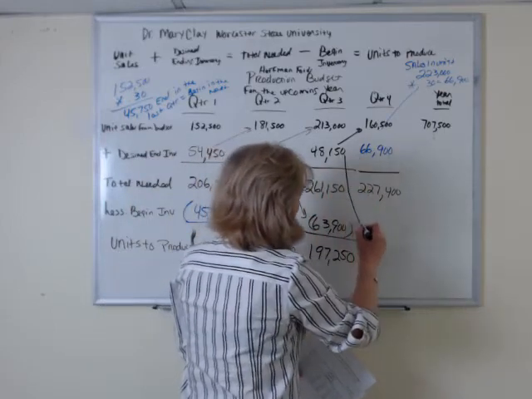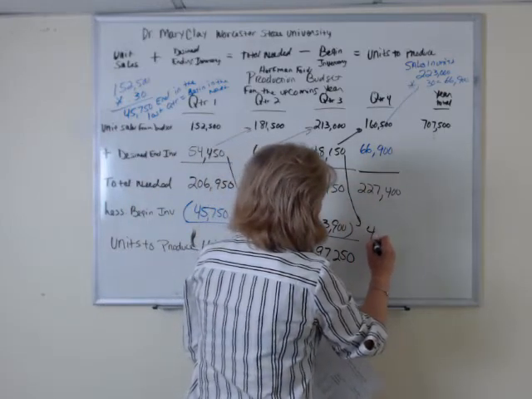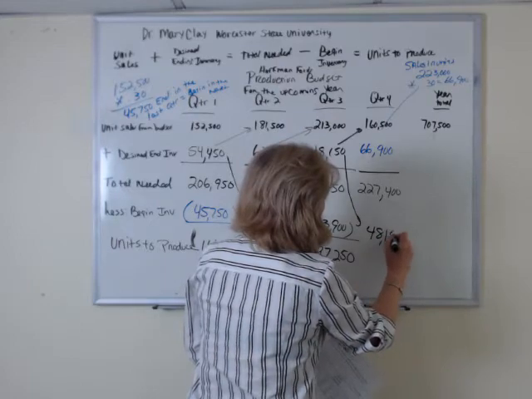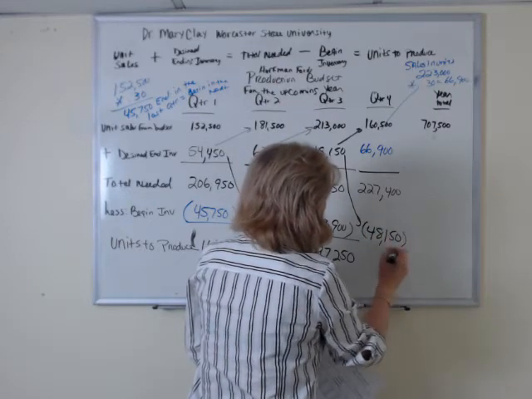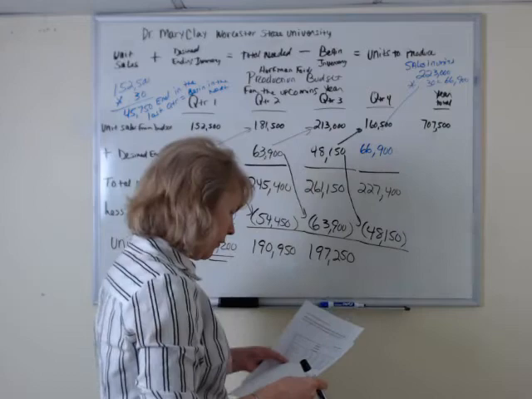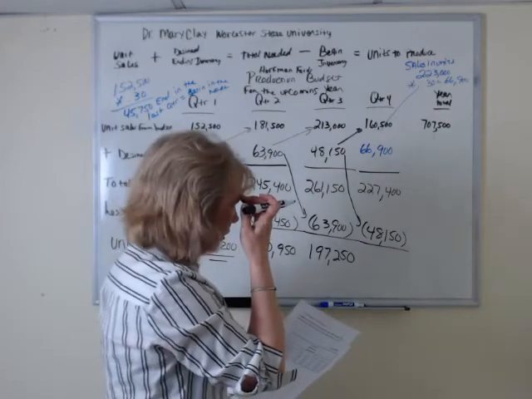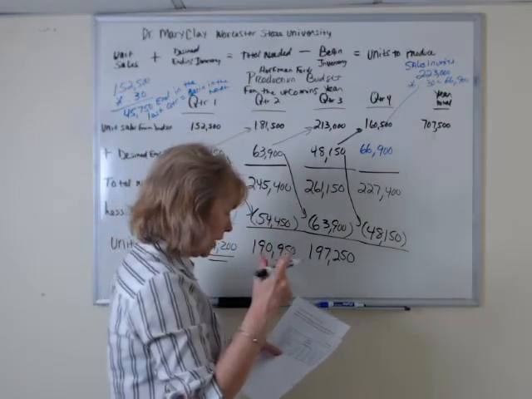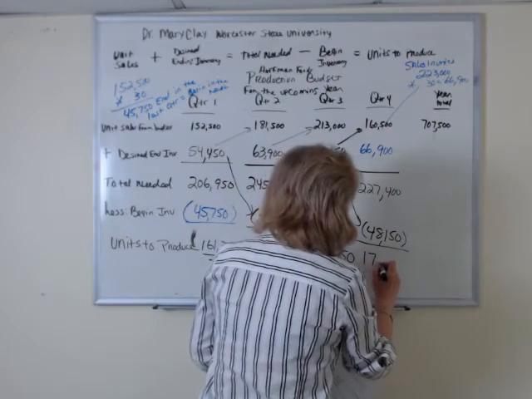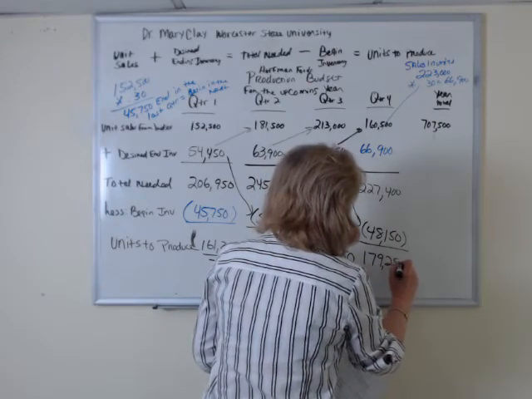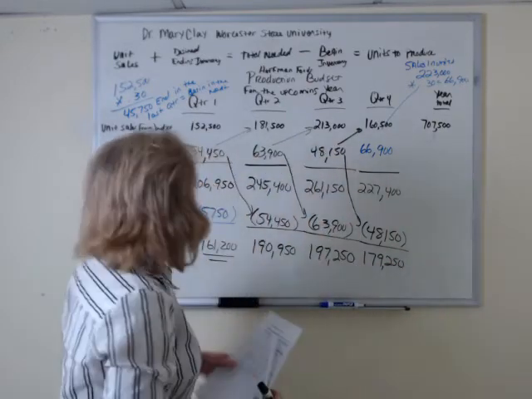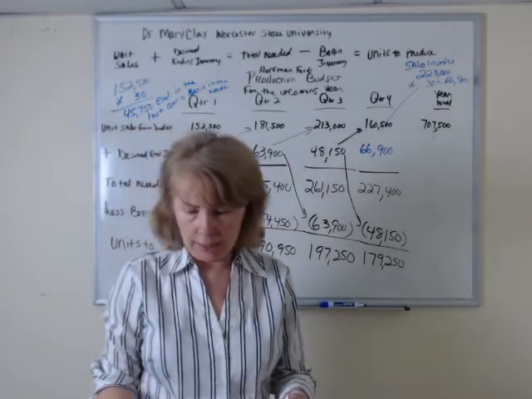So I bring that right down. I'm going to subtract that. 227,400 minus 48,150 gives me 179,250.